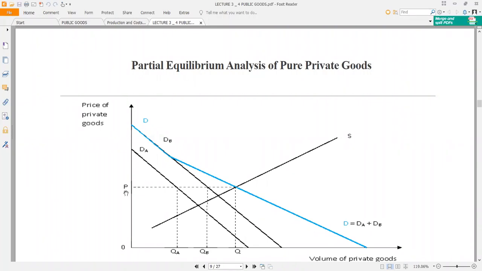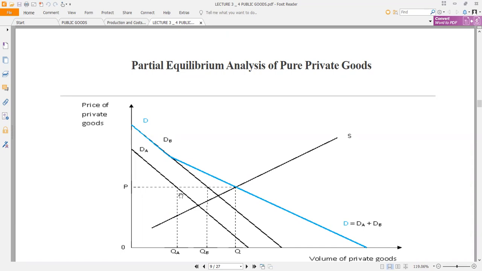I'm sure we all remember that. Under perfect competition, price is constant. But we have these two individuals with their own demand curves. So DA is for individual A, DB is for individual B. Now, at the same price, the individuals can choose to buy whatever quantity they want.